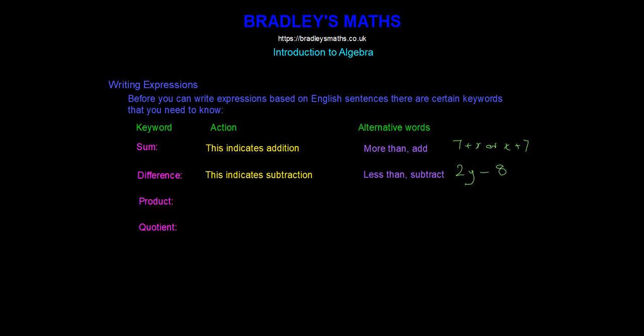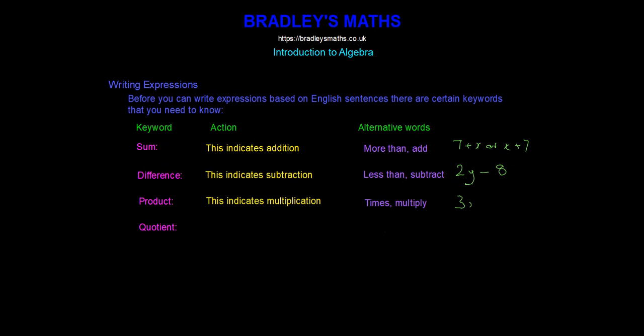The product of 2 or more numbers is the result of multiplication. Product indicates multiplication. And we have times and multiply. And this is interesting because if we said 3 times x, what we would have is this, 3x.